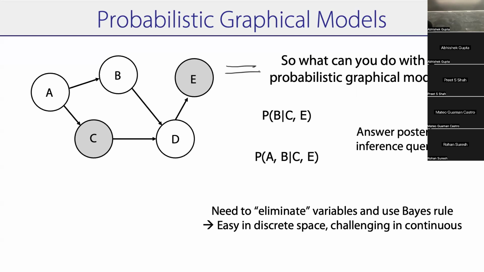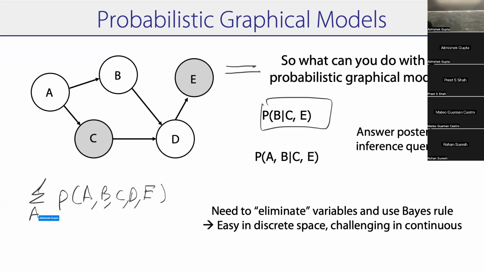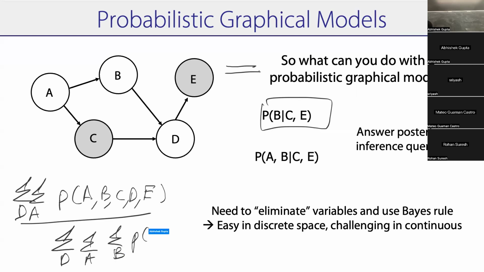So you can say that to answer this query, for instance, you start with P of A, B, C, D, E. You sum out A, you sum out D, and then you divide by sum over D, sum over A, sum over B of P of A, B, C, D, E, right? You can use Bayes' rule to get there, but basically you can think of this as: take a joint, sum out D and A, right?